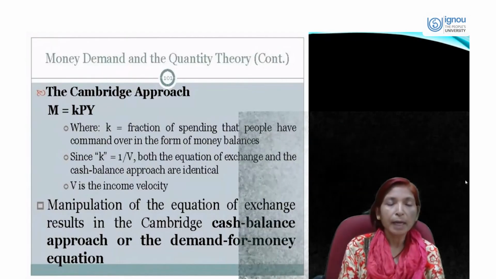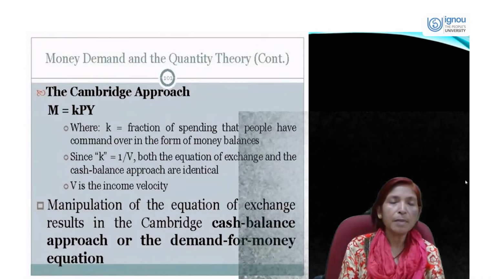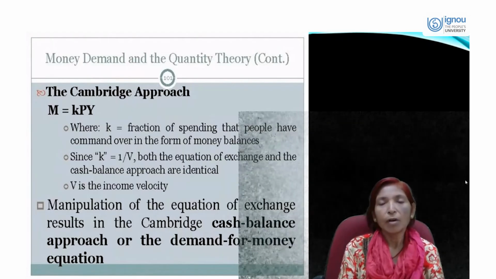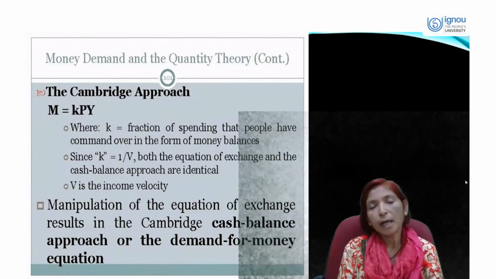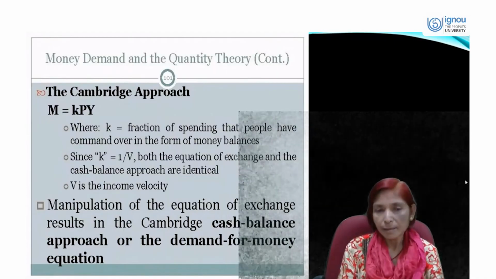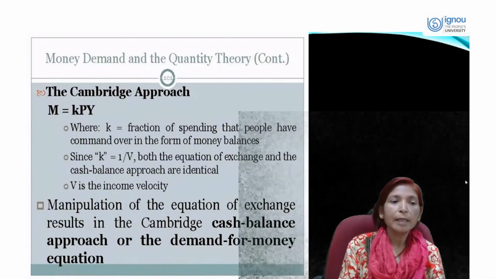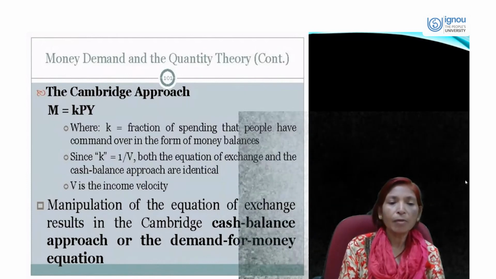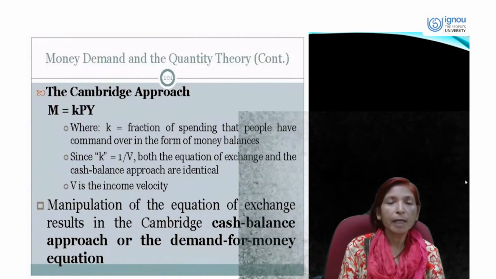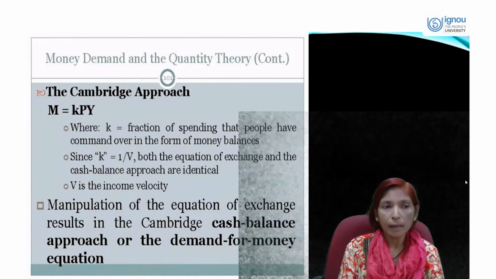So the Cambridge approach said that M is equal to KPY, where K is the fraction of income or spending that people have command over in the form of money balances. And K is equal to 1 upon V. Both the equation of exchange and the cash balance approach are identical.